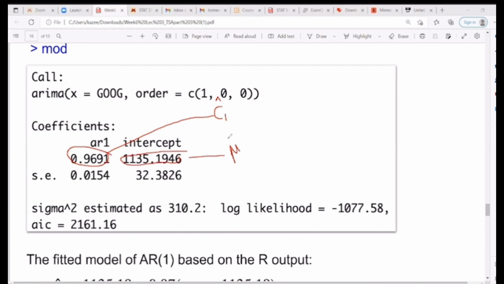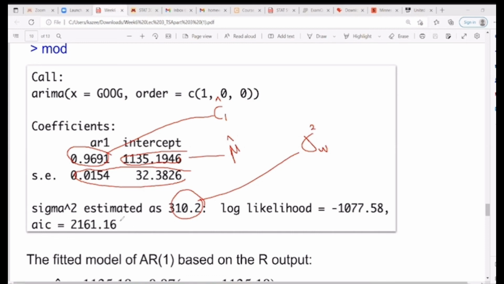These are just the standard errors. And this is the estimated sigma squared, the sigma squared W, which is the variance of the white noise, 310.2. That's the estimated one.